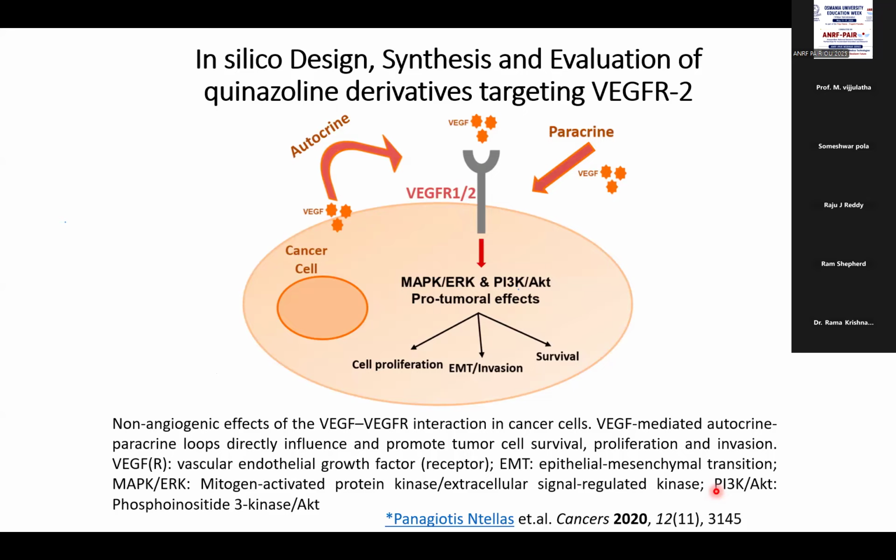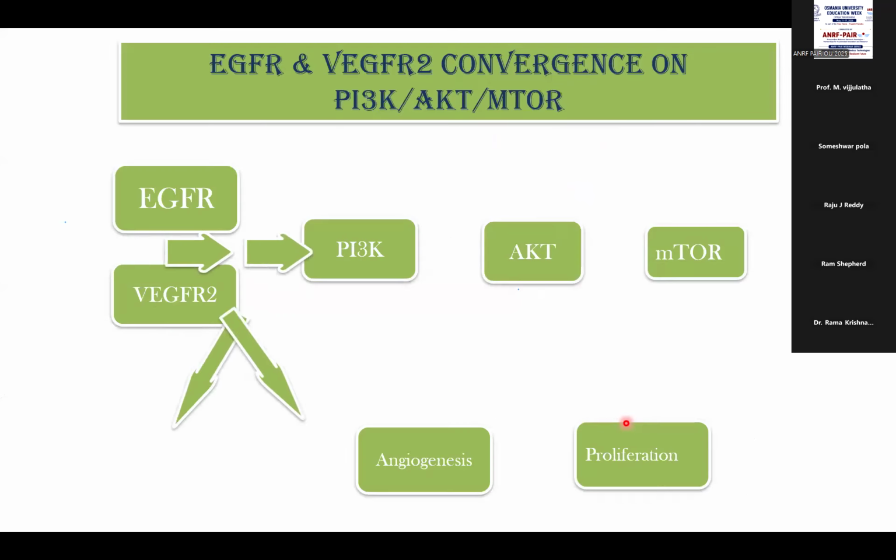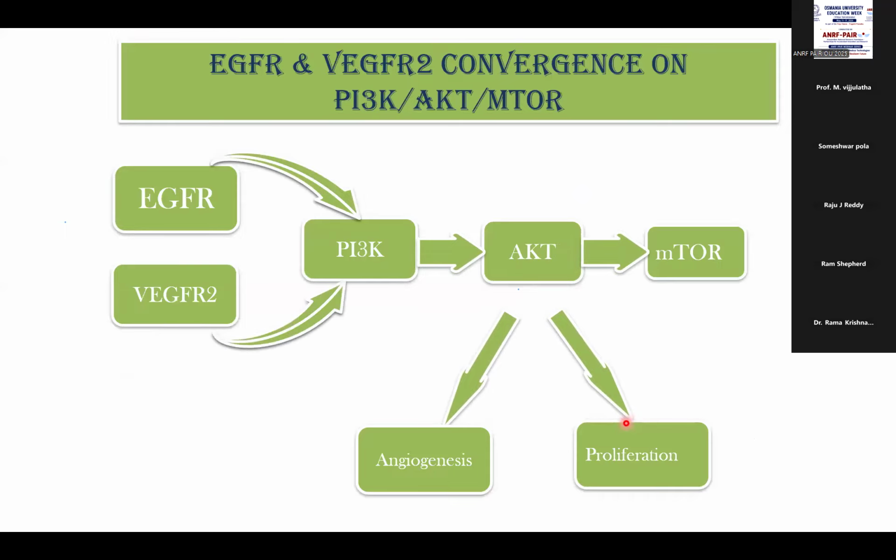So we have gone for the VEGFR receptor, which affects the signaling pathway, the PI3K AKT mTOR pathway, whose dysregulation causes cancer. So we say that EGFR and VEGFR converge to the PI3K AKT mTOR pathway, which causes angiogenesis and proliferation.